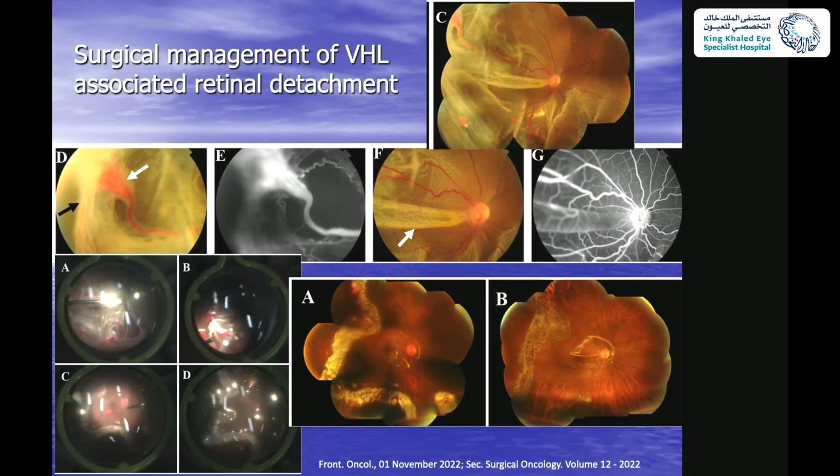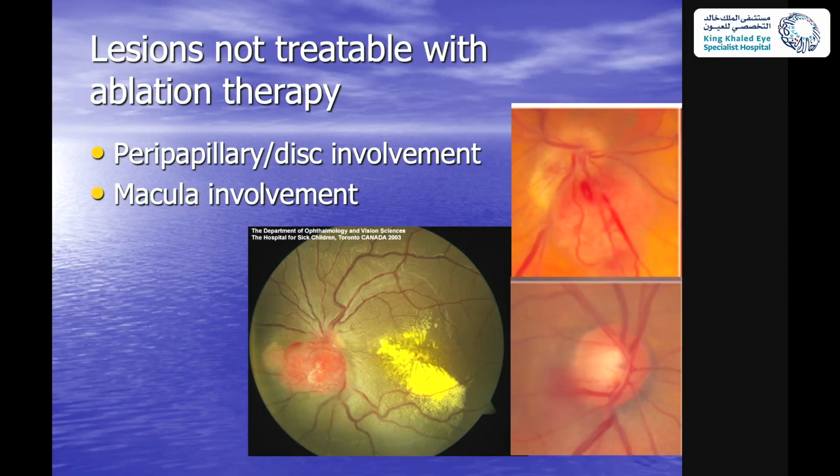And she remained stable. The surgical management is not easy, and these cases tend to be challenging. I just used one of the references there, and as I already mentioned, you have good experience here to manage them. But they do cause limitations.